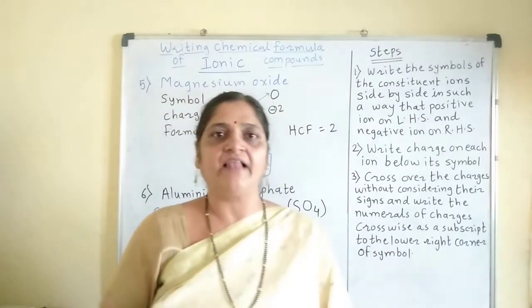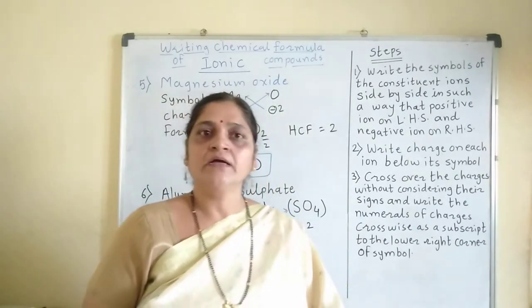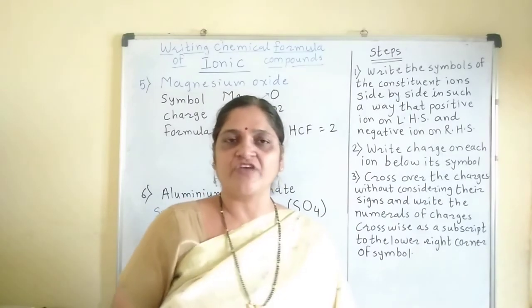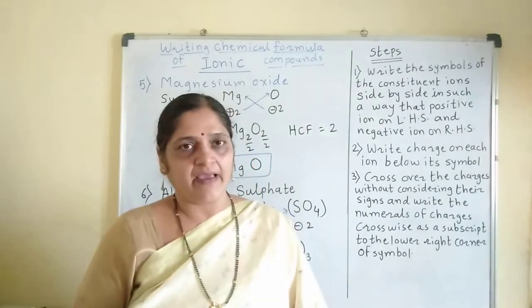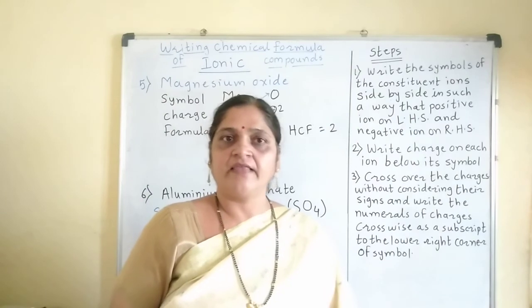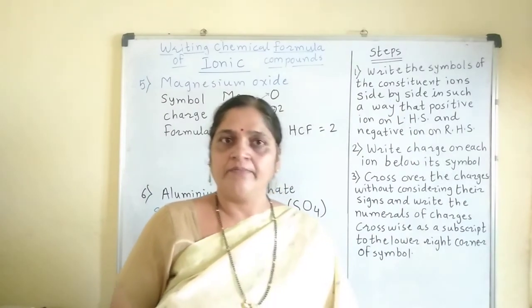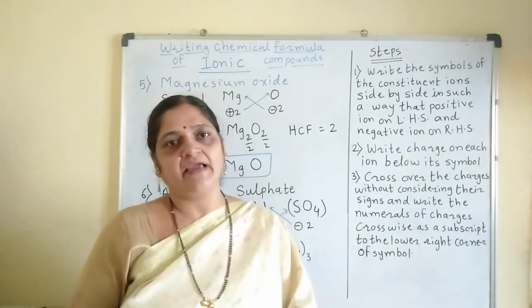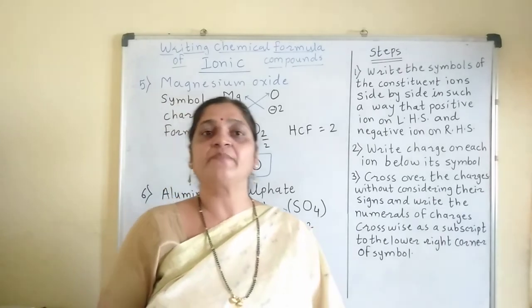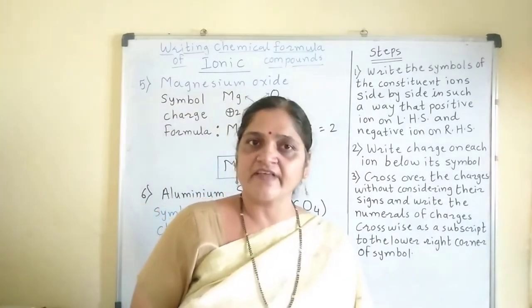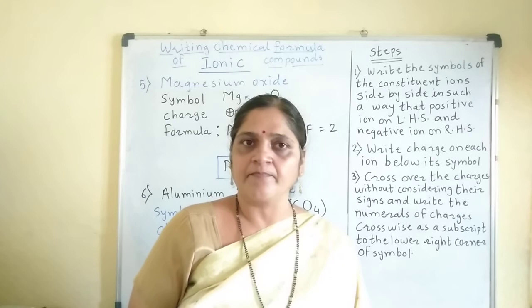For example, calcium carbonate. The carbonate anion carrying -2 charge combined with the calcium ion carrying +2 charge. Then magnesium hydroxide. Magnesium carries +2 charge and the OH- ion, the hydroxide anion, carries -1 charge.